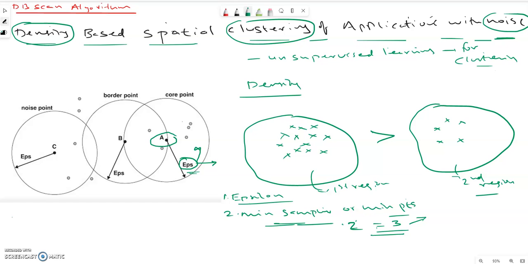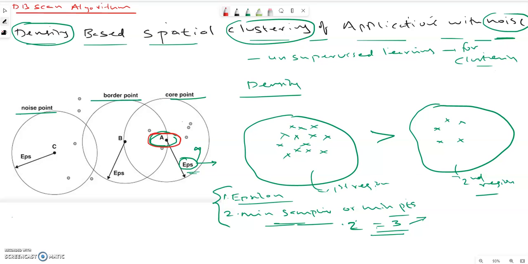Now, based on these two definitions, we are going to classify three categories. They are core points, border or boundary points, and noise points. Now let us talk about a core point. Here I have represented the core point as A, right?